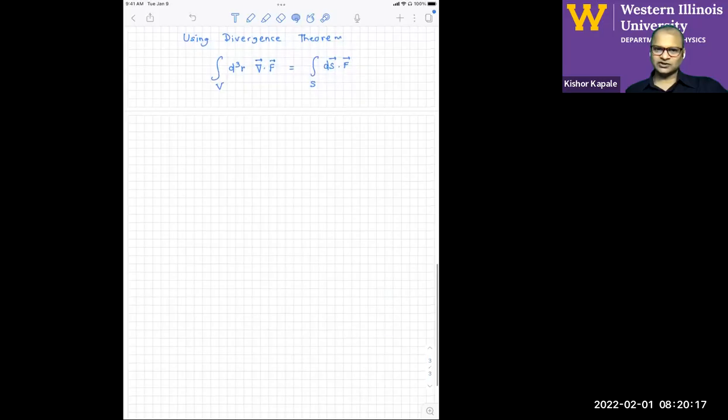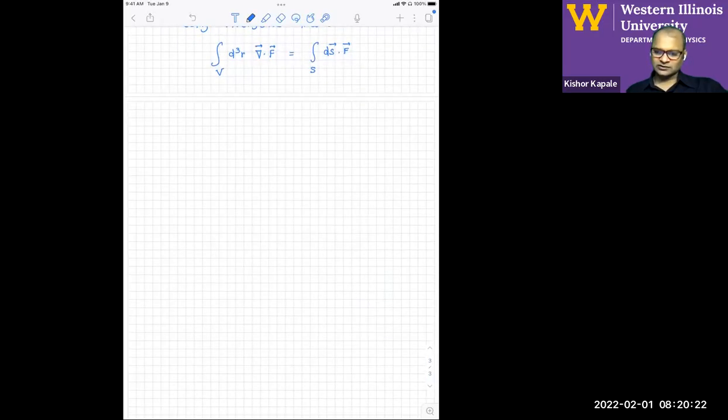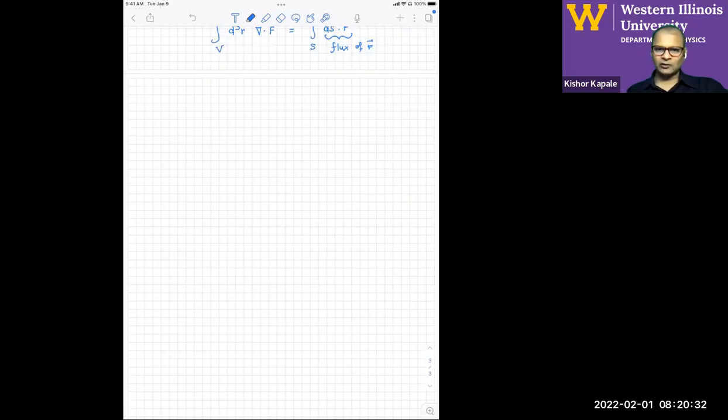Divergence, integral of divergence over a volume, so a certain specific volume, is equal to the flux of F coming out of the surface that bounds that volume. That's the boundary of the volume. So it's a finite volume. That's crucial here.